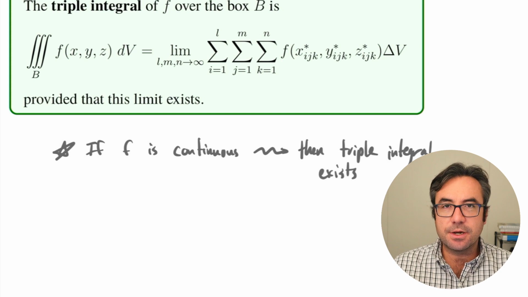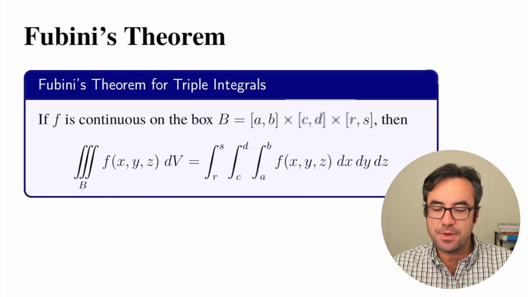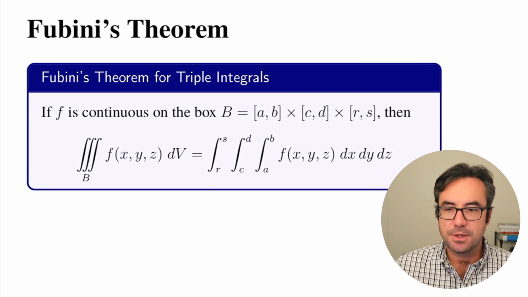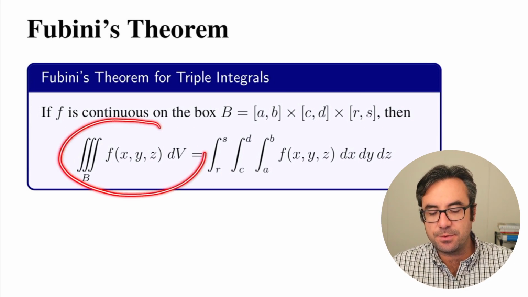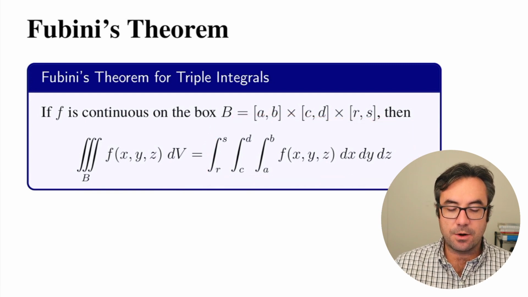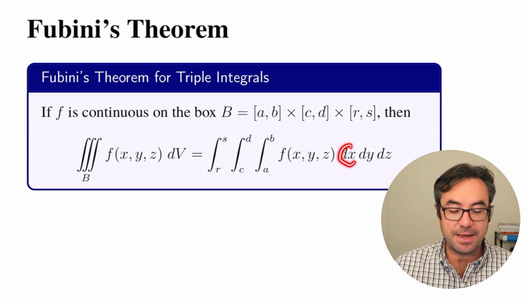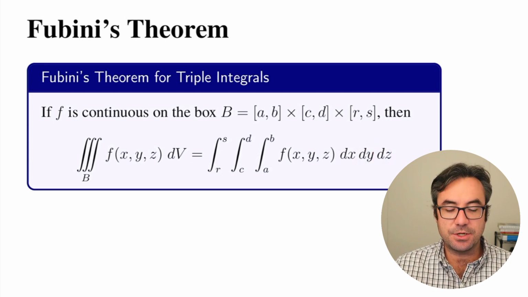Trying to do a single integral from the definition is very difficult, let alone a triple integral. So the way we're actually going to be calculating it is another instance of Fubini's theorem. We're going to be able to write this triple integral as an iterated integral, where if we have this rectangular box, the way it's written here, we're doing the x integration first, then the y integration second, and then the z integration last.